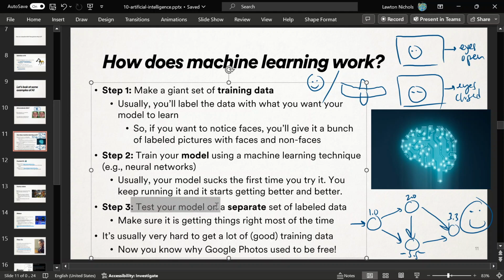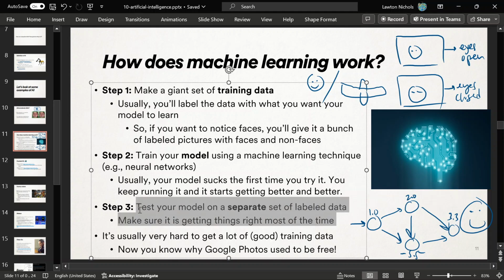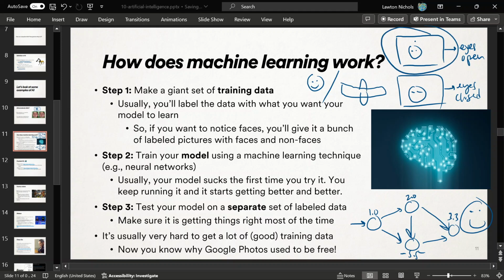You want to test your model on a separate set of labeled data to make sure it's not just memorizing this exact picture of a face. It's figuring out where faces really are. All right? So that's important too. Make sure it's doing well on that, because it wasn't trained on that data. Make sure it's actually doing it right. Okay.